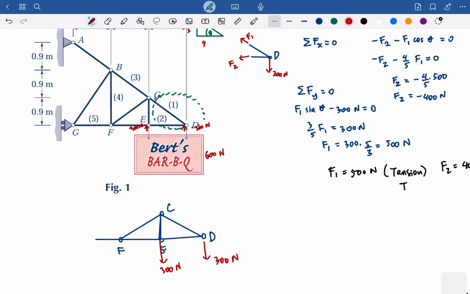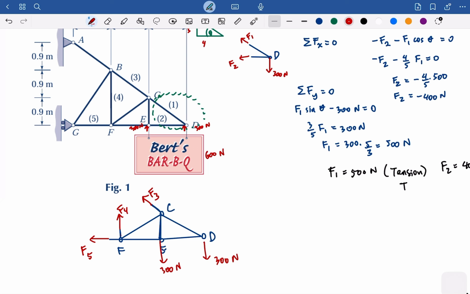Since we cut, here is the F5 that we want to find, and on the F we have also F4, right? And on C we have another one here, that is member 3, so force 3, and that's all.